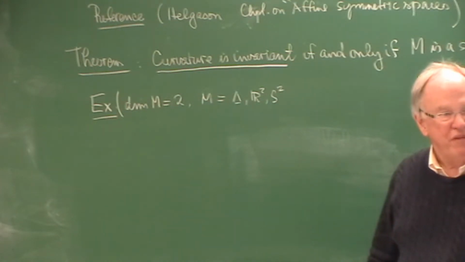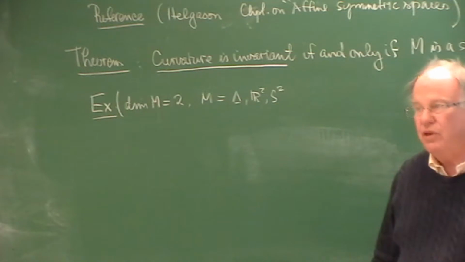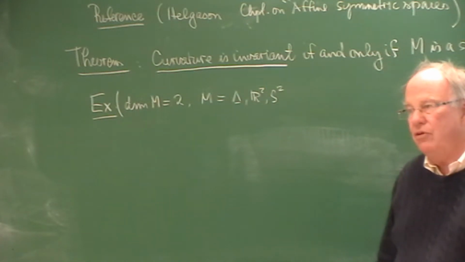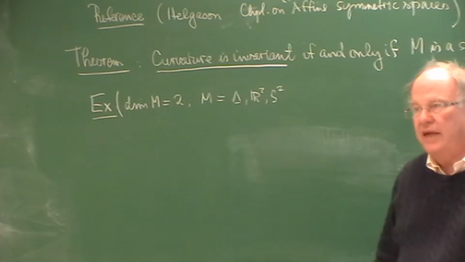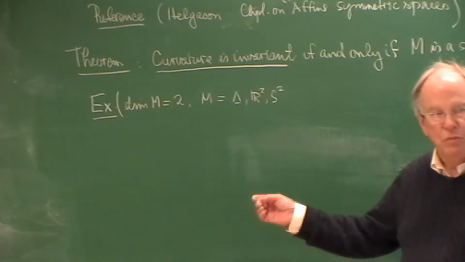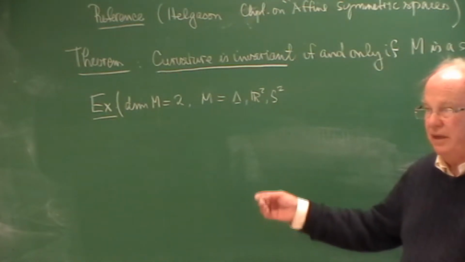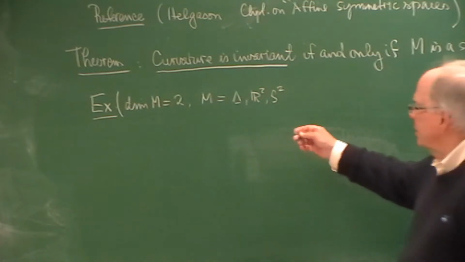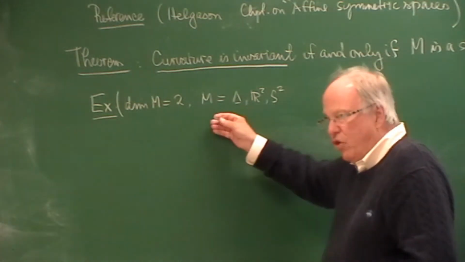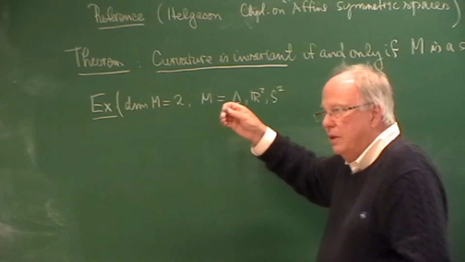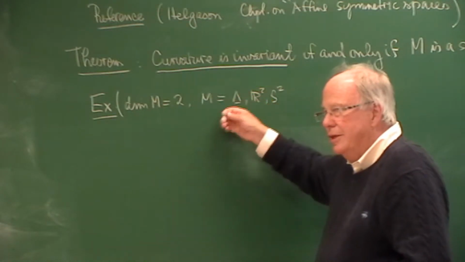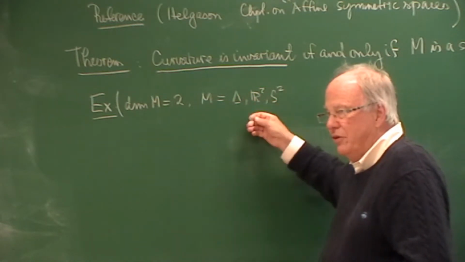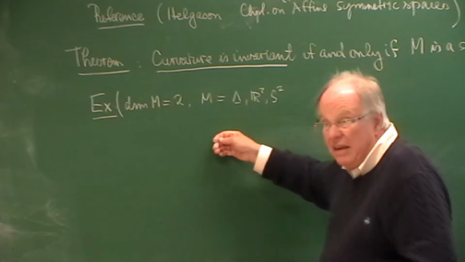In dimension 2, there are only 3 such manifolds, and every 2-dimensional manifold has such a structure. You prove every 2-dimensional manifold has such a constant curvature structure, and therefore in dimension 2 the classification is the disk, the plane, and the sphere. Simply connected.